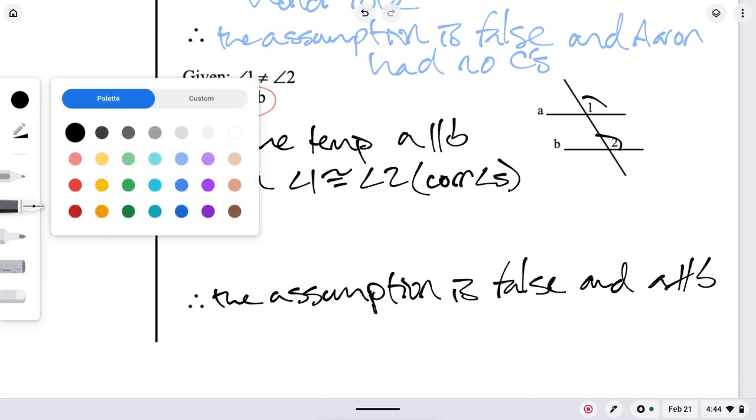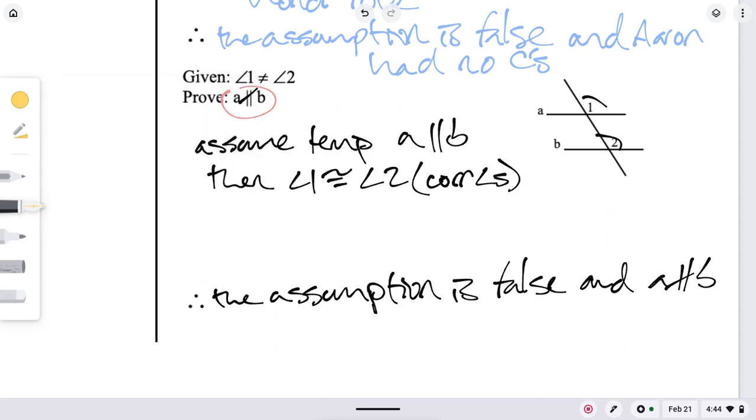So when you're doing this on a quiz, on a test, whatever it happens to be, right, you get points for saying, right, assume temporarily. You have to say those words, right? You would get a point for flipping that prove, showing that it's the opposite of what it was before.